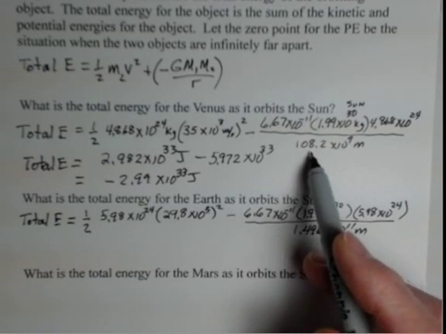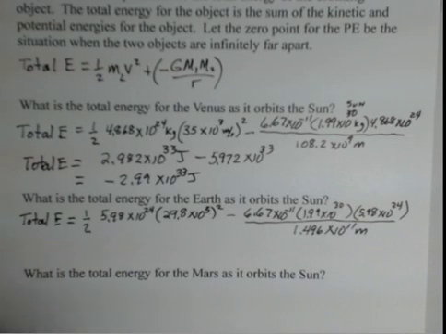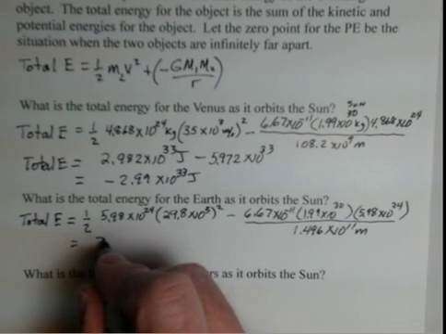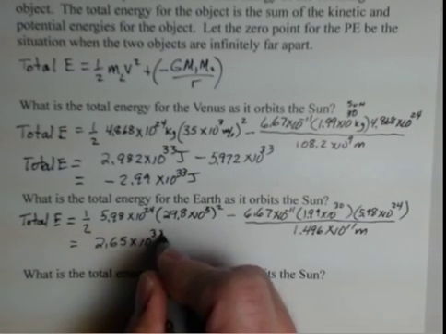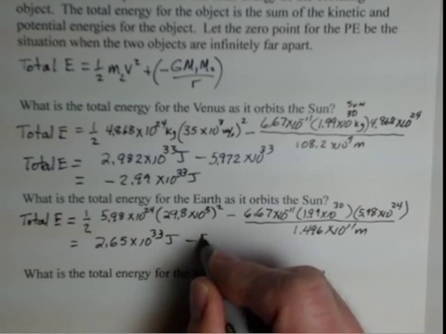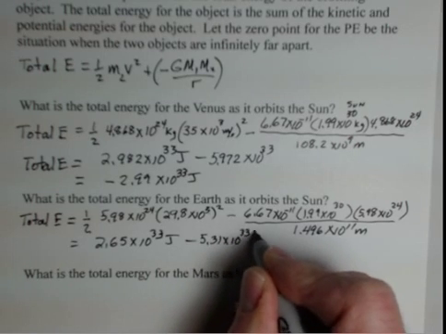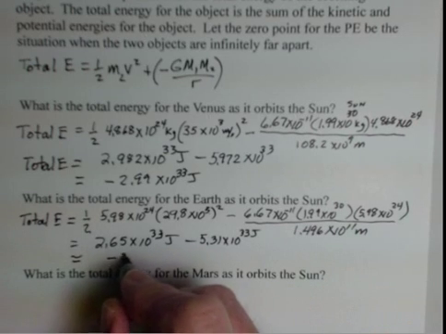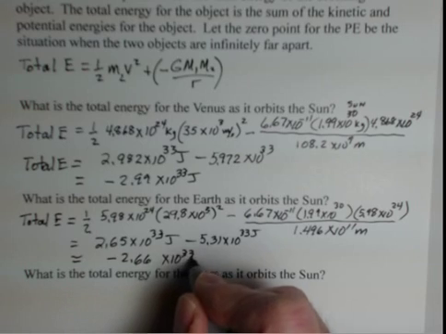This is 1.08 times 10 to the 11th for Venus, so 1.496 times 10 to the 11th. The Earth is further away. You do this calculation, the kinetic energy, 2.65 times 10 to the 33rd joules. The potential energy, negative 5.31 times 10 to the 33rd joules. The overall total energy, negative 2.66 times 10 to the 33rd joules.